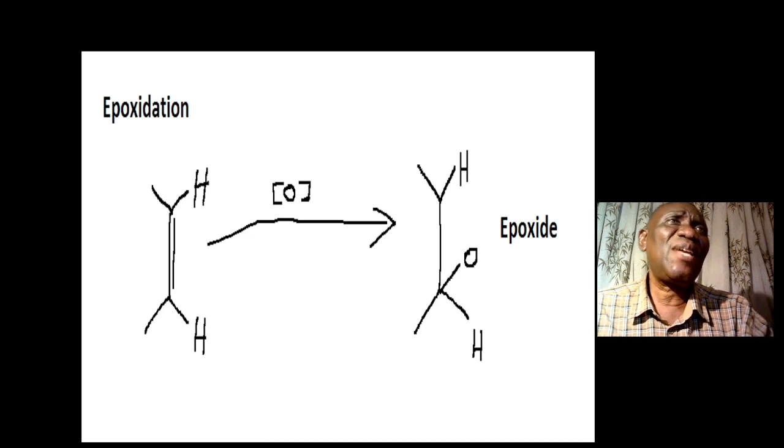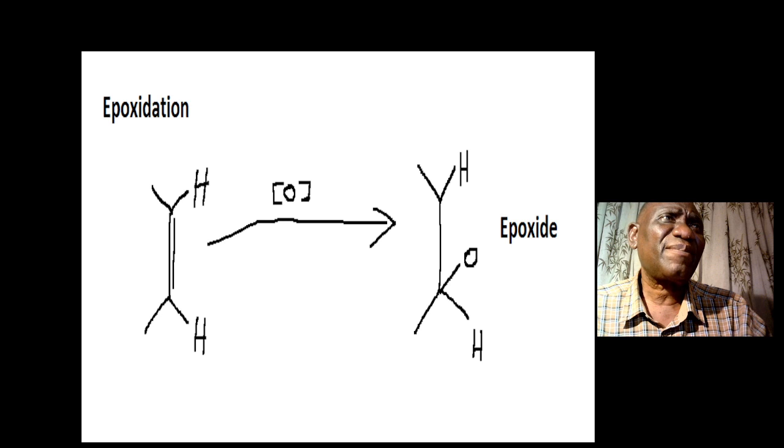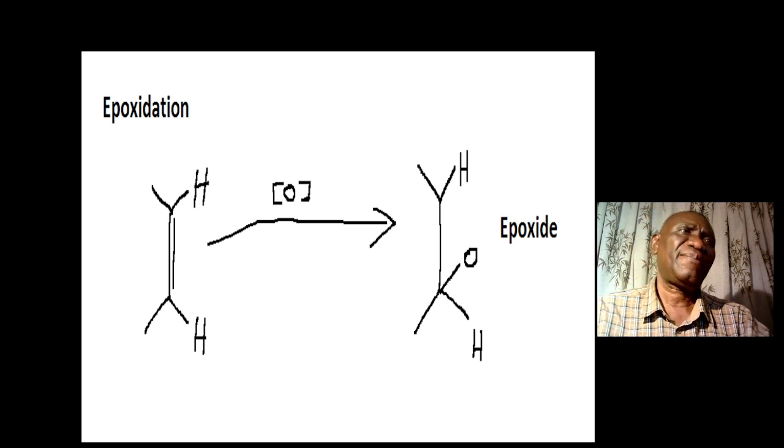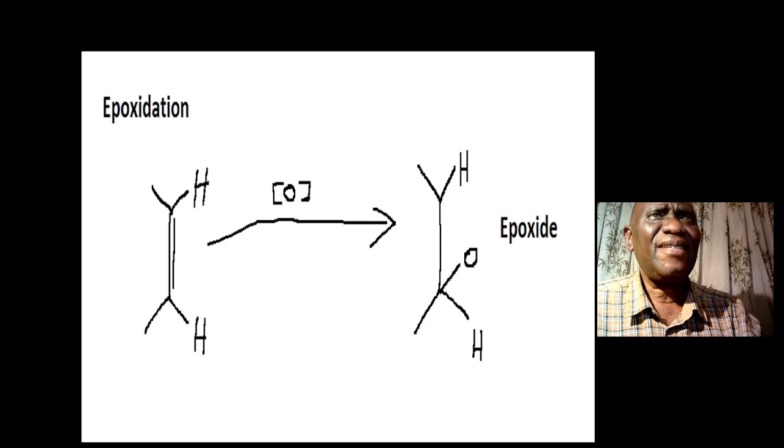Epoxidation: you have this double bond here, and it is going to open up, and we put oxygen. Once you have this process, we produce an epoxide. I think it could happen to Cabri.